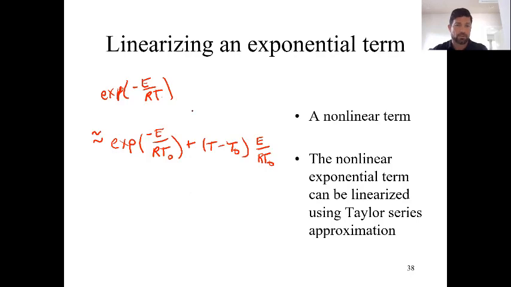Okay, well, you can go back and look at the derivative for this. So the e over rt naught and then multiplied, this right here, times exponent of the same term e over rt0, because we take the derivative and we evaluate it at the initial condition. So this is the derivative evaluated at t naught for this term, and then multiplied by the linear term.